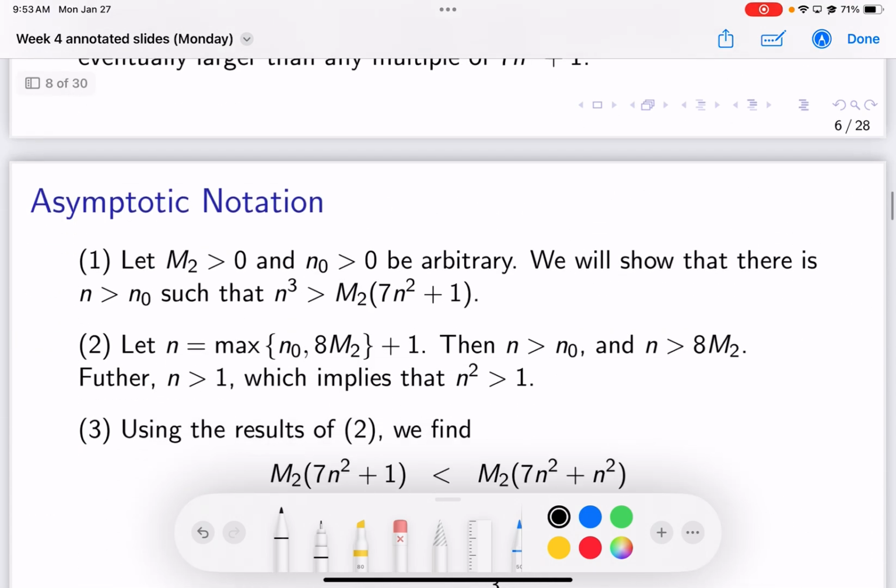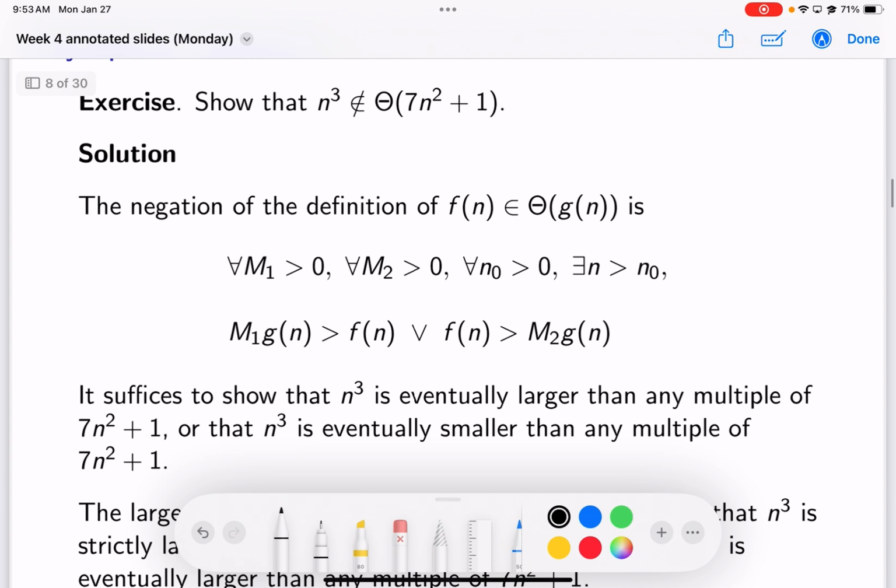As such, we only have to find an n greater than n naught such that that side of the or statement is true. Because the way or statements work, if one side is true, then the whole thing is true.